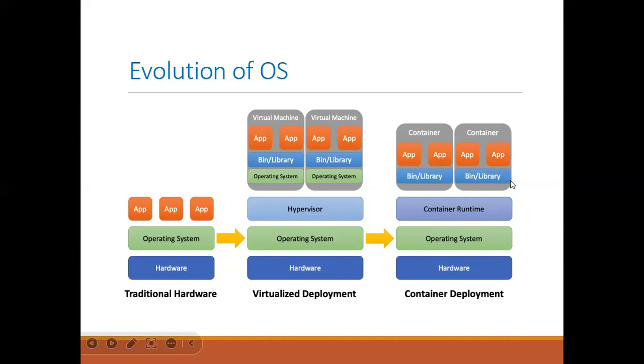But now what happened? For example, right now I am using a Windows operating system, right? I have installed a Zoom application, and consider my requirement is only to use the Zoom application inside the Windows machine. But in virtualization, what happens?